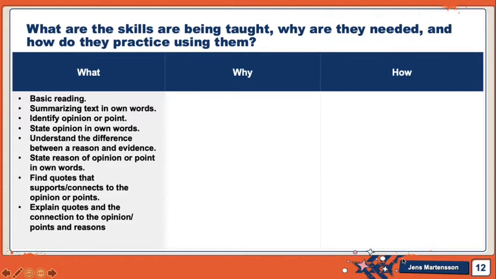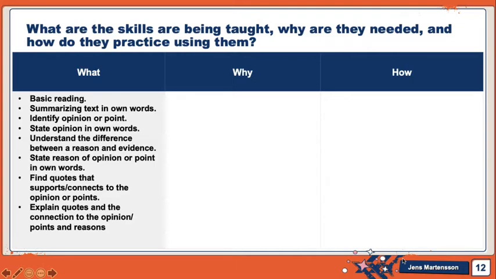They should be able to understand the difference between a reason and evidence. The reason is why, and the evidence is the facts being used to support the why. They should be able to state the reason of an opinion or point in their own words. They should be able to find quotes that support or connect to the opinion or points. And they should be able to explain quotes and the connection to the opinion, points, and reasons.